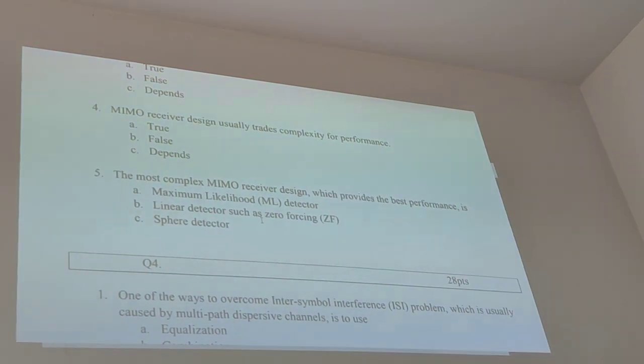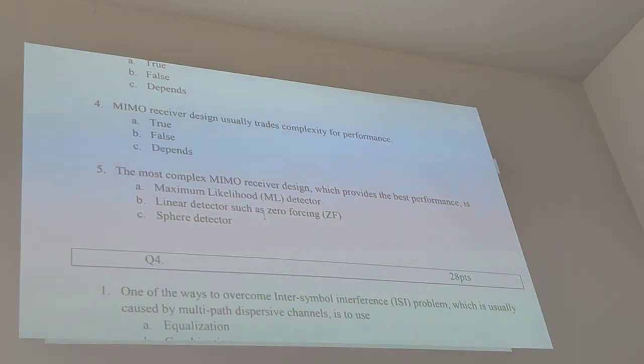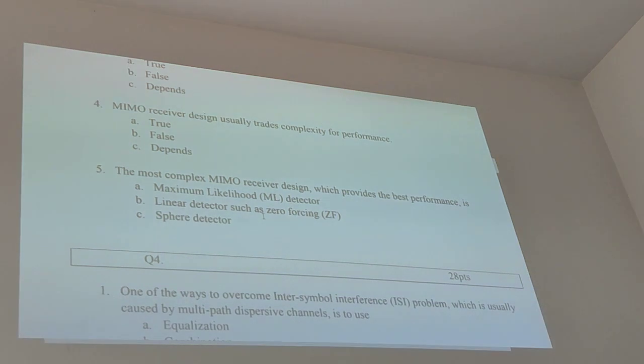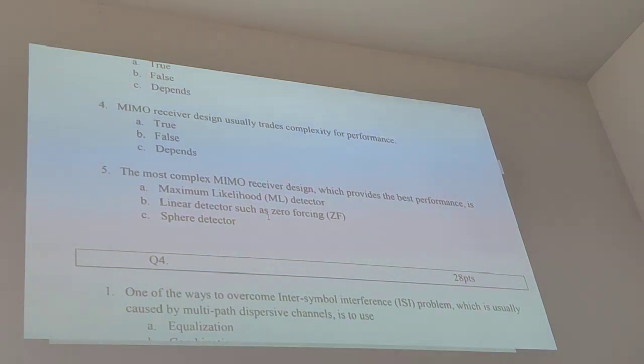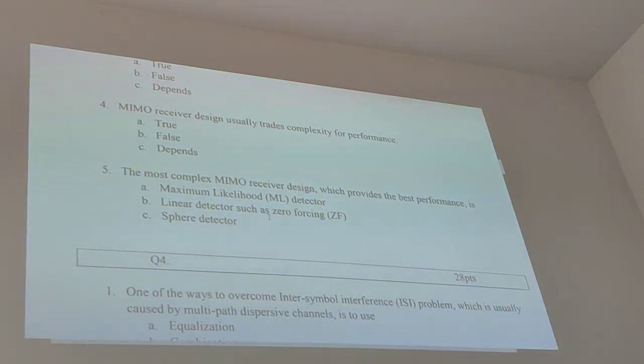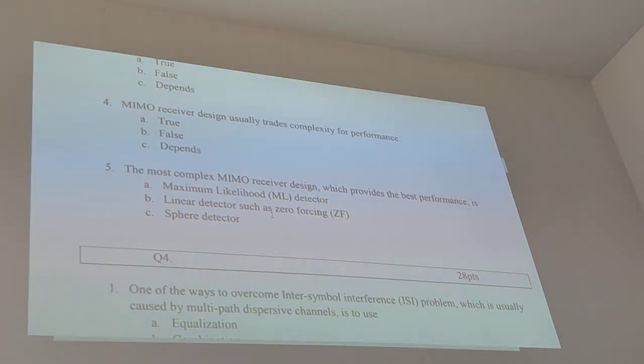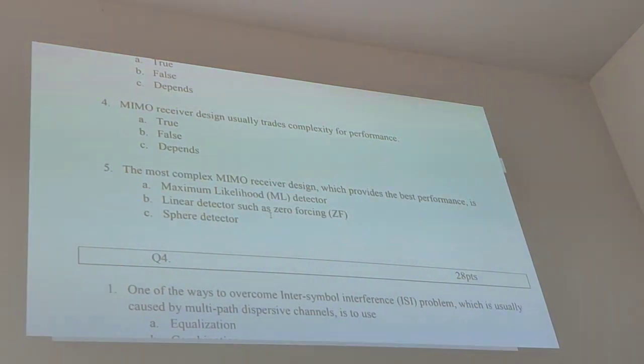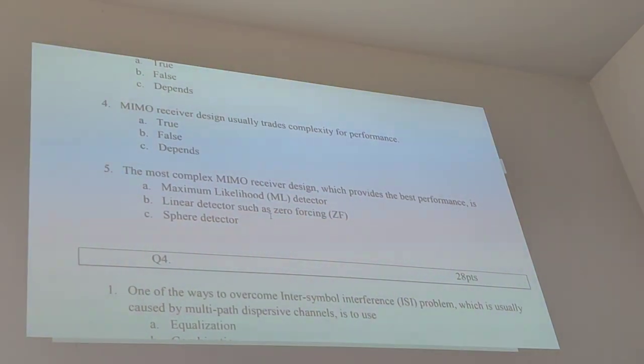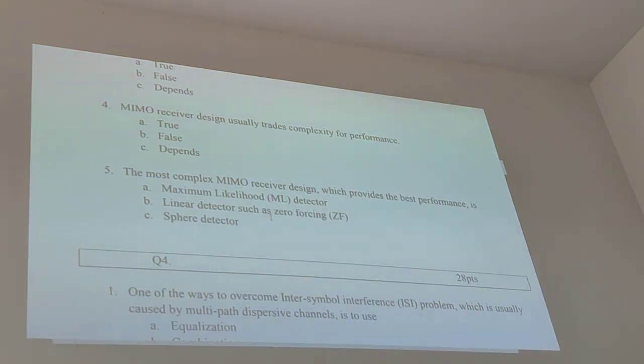And question 5, the most complex MIMO receiver design: is it maximum likelihood, linear predictor, or sphere decoder? I think the most complex design is the maximum likelihood. So these are the questions.